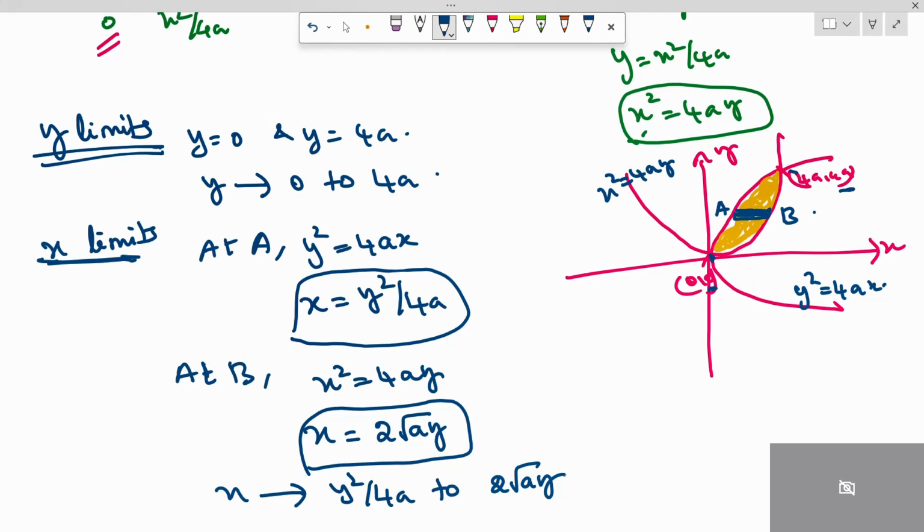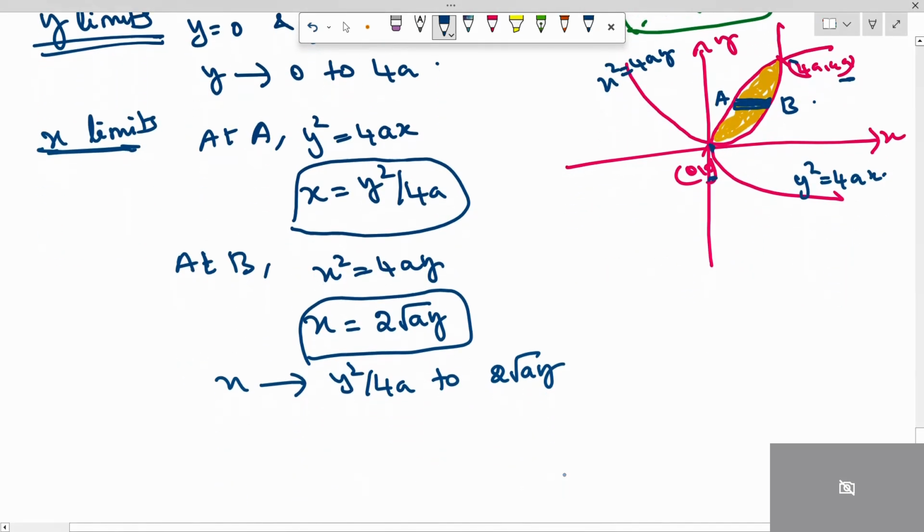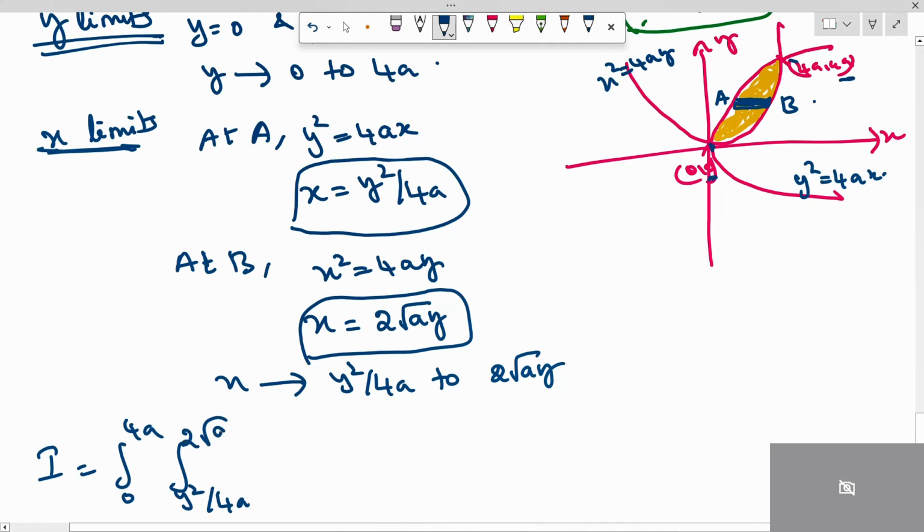Okay, hereafter we are only going to do normal integration. Integral 0 to 4a, these are our given limits, y square by 4a to 2 into root ay dx dy.